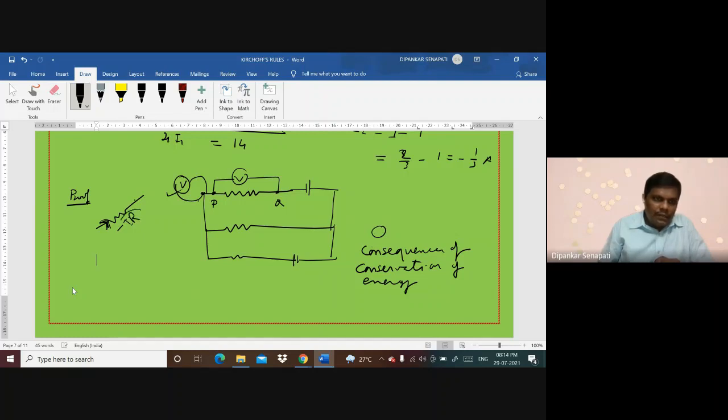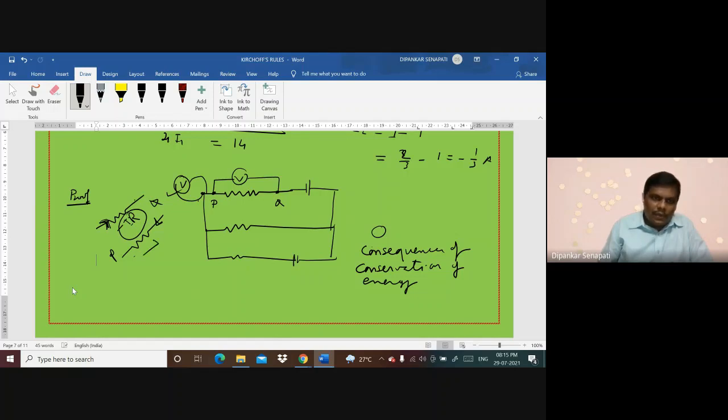And if it is opposite, that is, your direction of calculation is from P to Q but the direction of current is from Q to P, then you are rising, that is, the potential rises.